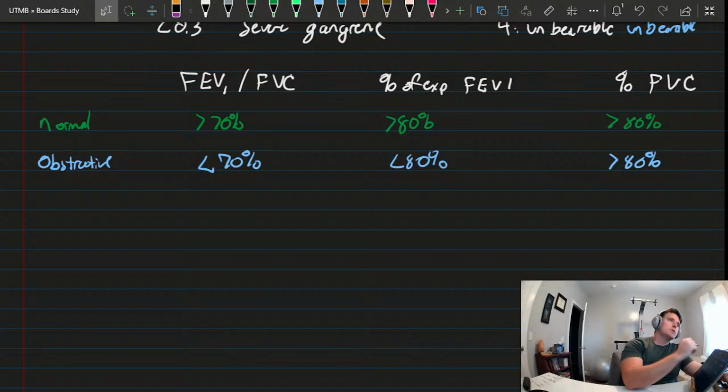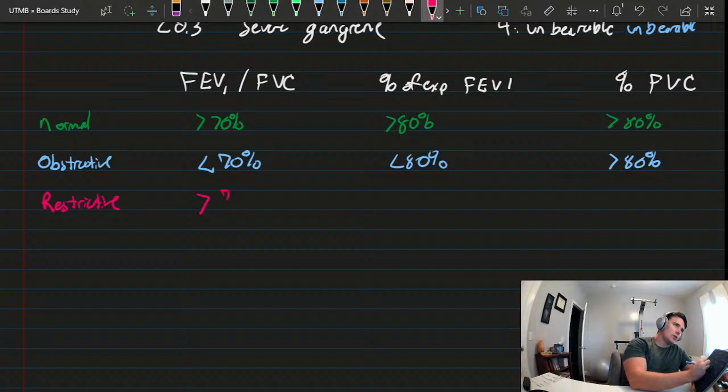all of that. So with restrictive, you know, there are pink puffers. So they're going to have a higher FEV1 over FVC, so you're going to be higher than 70%. You're going to still be lower than 80% because your volume ratio of how much you can expel versus how much you can hold is going to be higher because you can get the air out real quick, but you cannot get a lot of air out.